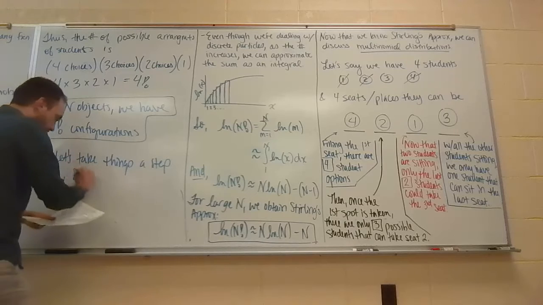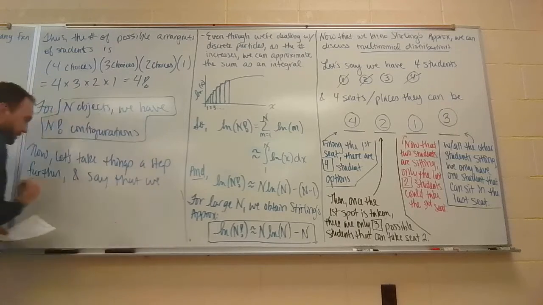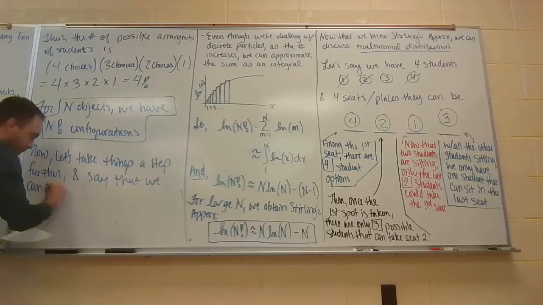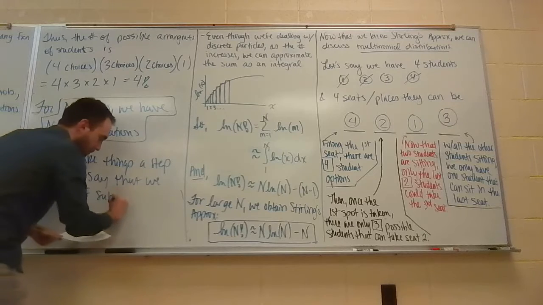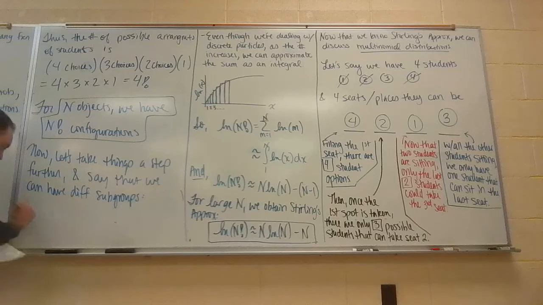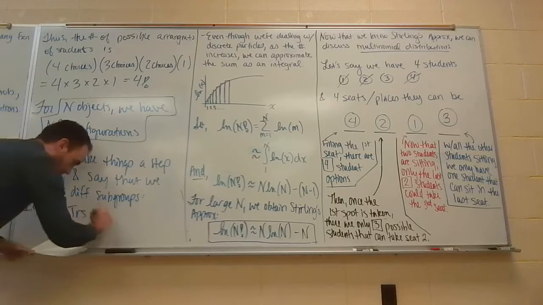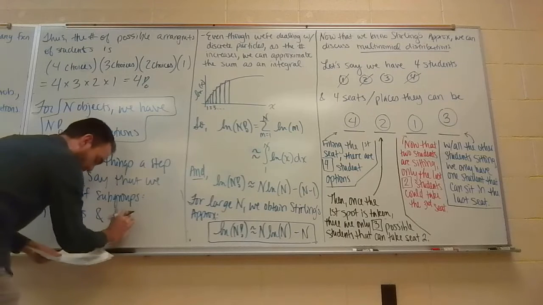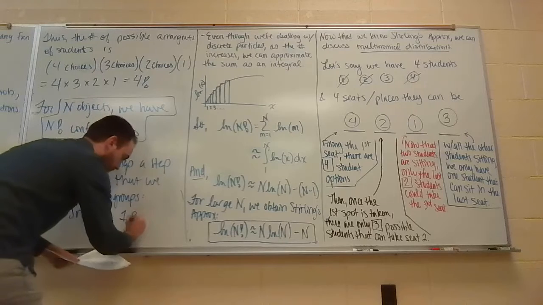Okay? And let's say that we can have different subgroups. Okay? So, for example, let's say that we have 3 juniors and 1 senior for the 4 students.